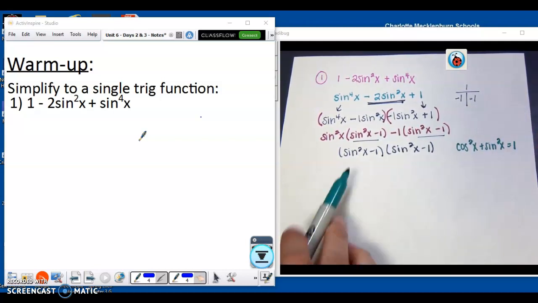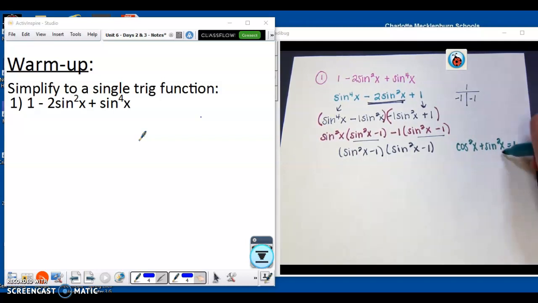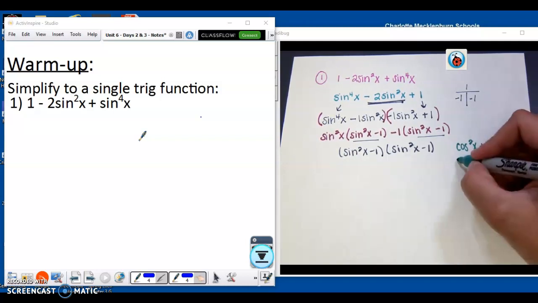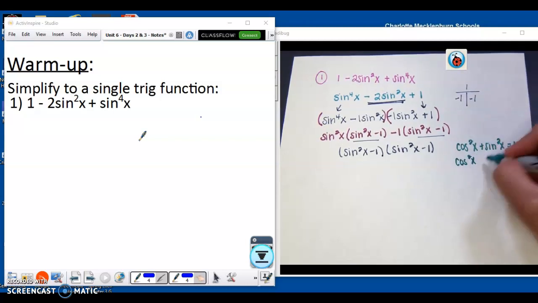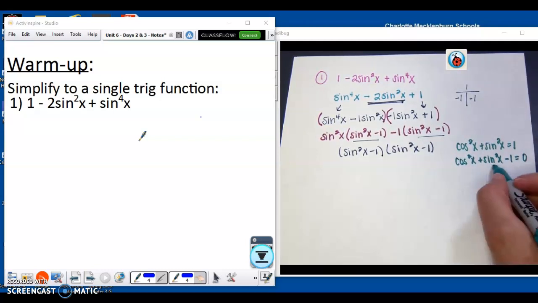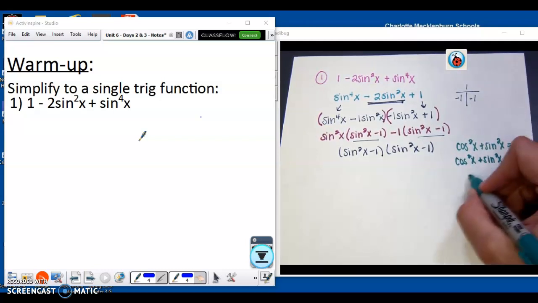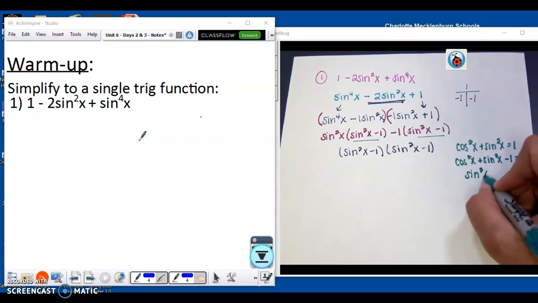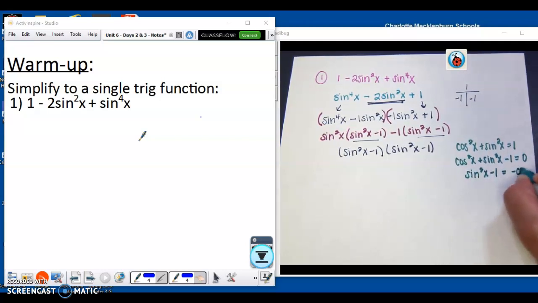I want to rearrange to make it look like this, so I would subtract the 1 over: cosine squared x plus sine squared x minus 1 equals 0. I only want sine squared x minus 1 here, so I'm going to move over the cosine squared x and make it negative. So sine squared x minus 1 is negative cosine squared x.